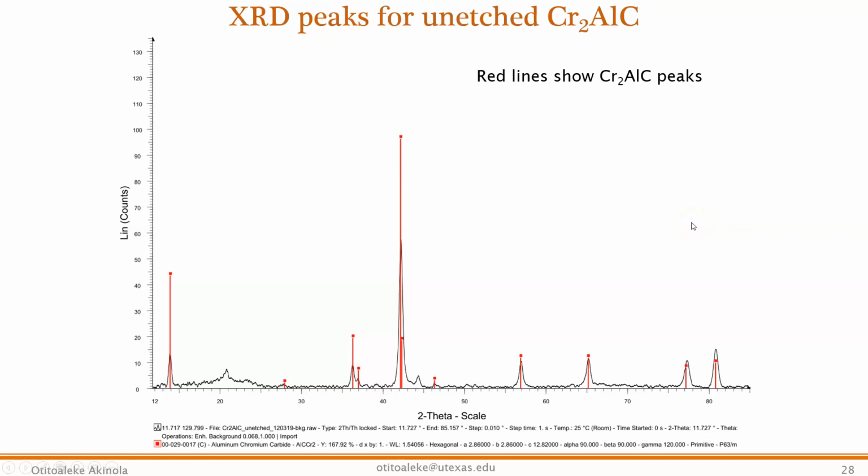The last characterization I did was the XRD measurement. This shows the XRD peaks when you scan the chromium aluminum carbide, the unetched one, and you see peaks characteristic of chromium aluminum carbide.